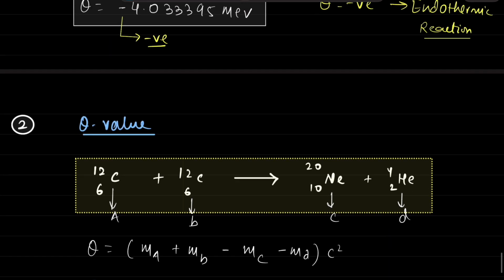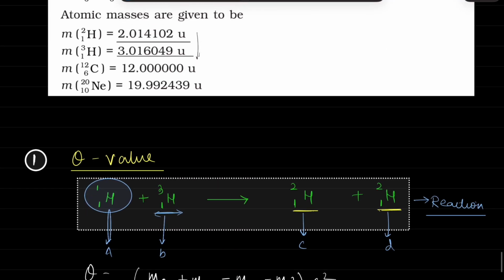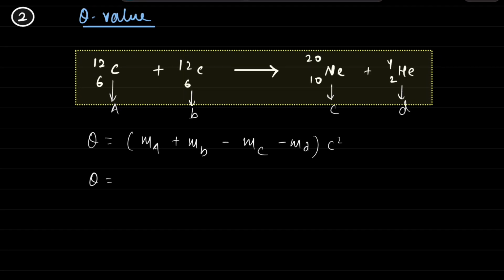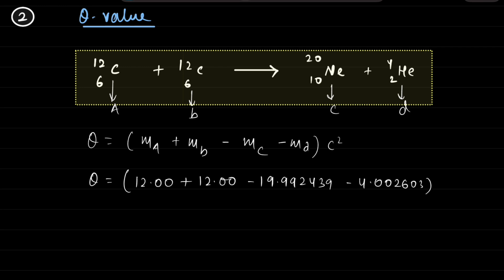In the question, the mass of carbon 12 is given as 12.00 u and neon is given as 19.992439. We use these two values. So here we can substitute 12.00 plus 12.00 minus 19.992439 minus 4.002603, into c squared.